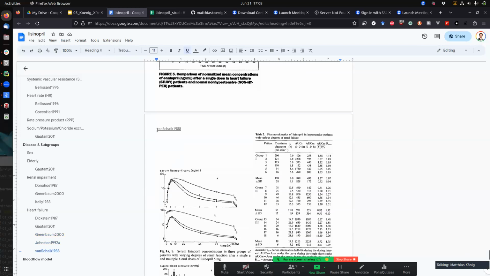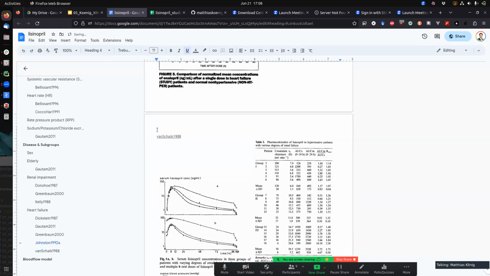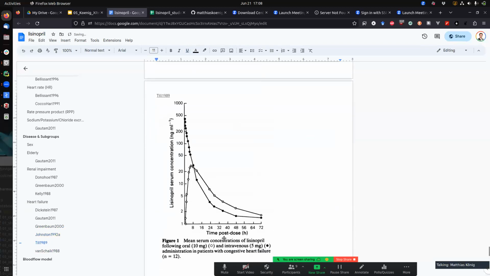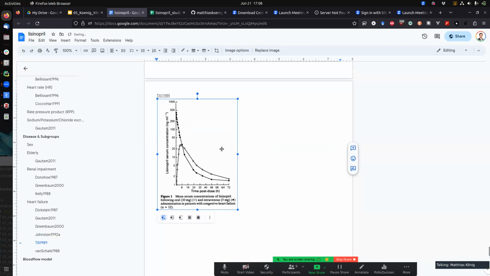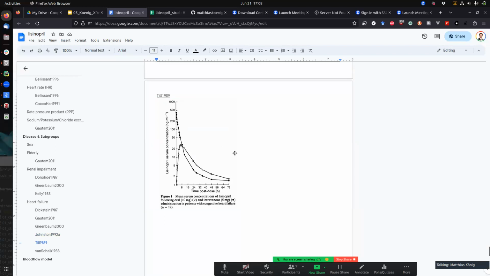Here, I would just add this additional information so that we don't forget that we have some information for heart failure and that we have some pharmacokinetic information.